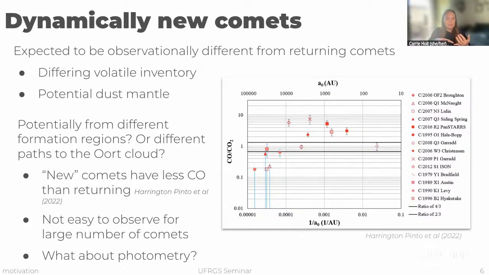So mostly CO, CO2, and water are the main three volatiles in comets. Those are the ones that I'm generally referring to, but there's more than just those three. So we expect different volatile inventory if some of these ices have been sublimated on a previous passage. Also, if the ices have been sublimated from a surface layer, that might leave a dust mantle we might expect for returning comets that new comets wouldn't have.